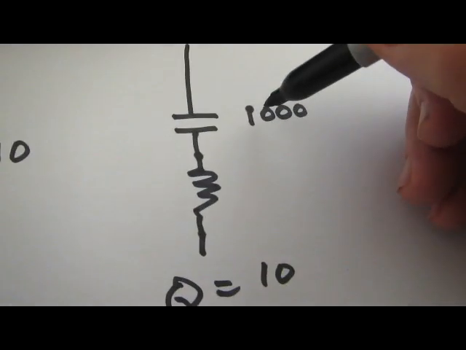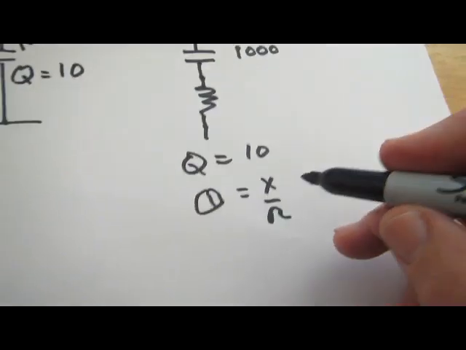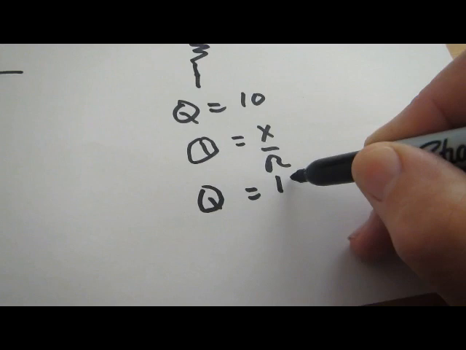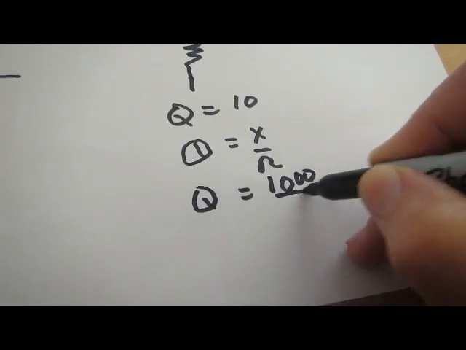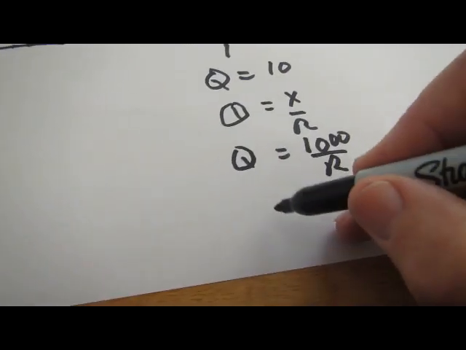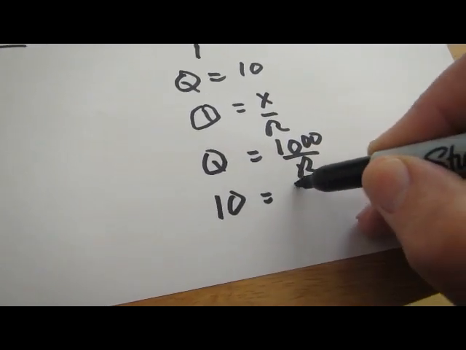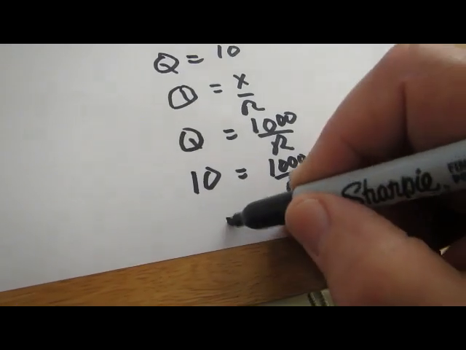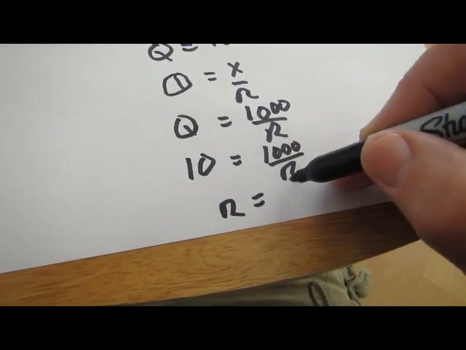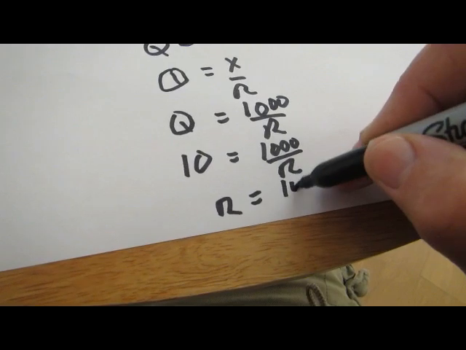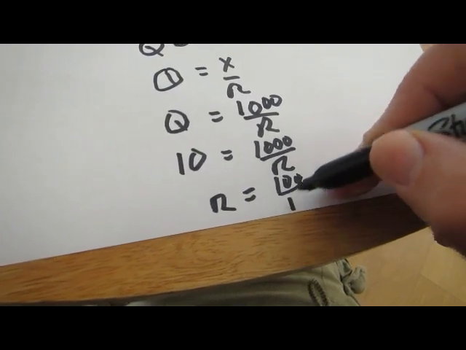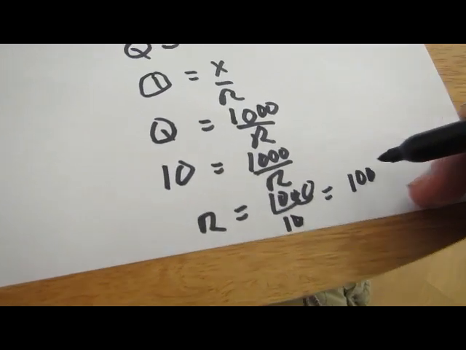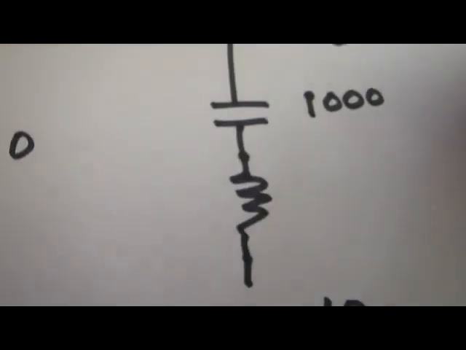So Q is 1,000 divided by R. Actually, we know Q is 10, so 1,000 divided by R gives us that resistance is 1,000 over 10. It's 100 ohms. Surprise, surprise, that's what we want.